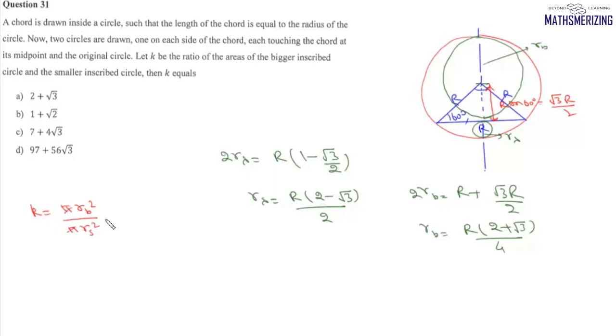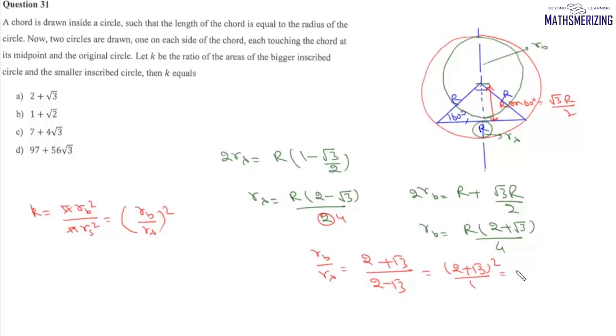So here pi and pi will cancel. We can write (R big upon R small) square. Now R big upon R small, here R by 4 cancels, will be (2 plus root 3) upon (2 minus root 3), and here it will be (2 plus root 3) whole square upon 1.